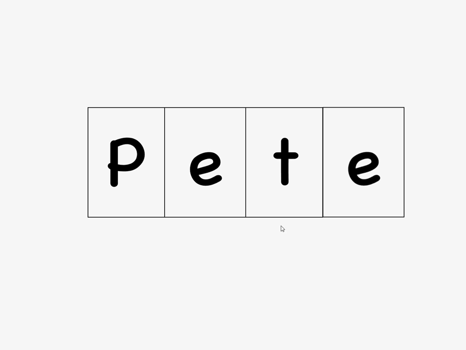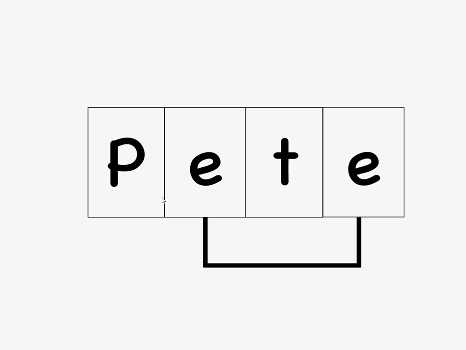And now we've got the E split, which is why we call it a split digraph. And we represent it like this, with a line underneath it. So now let's spell it again. P-E-T. Okay, so now you need to be ready to use cards to make the following words.